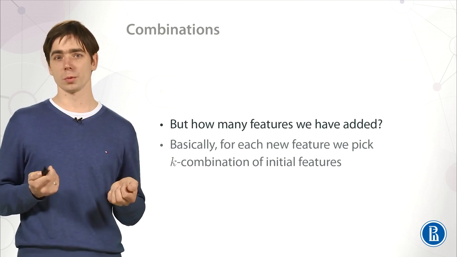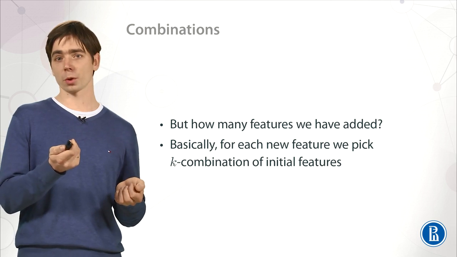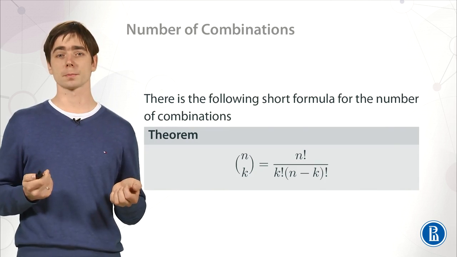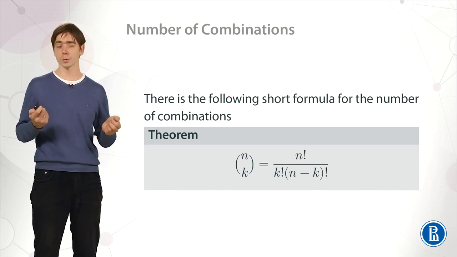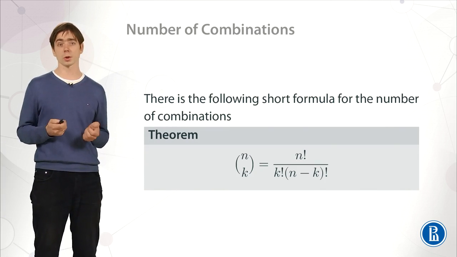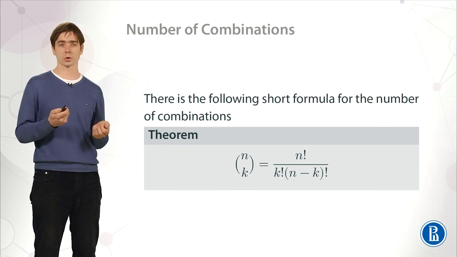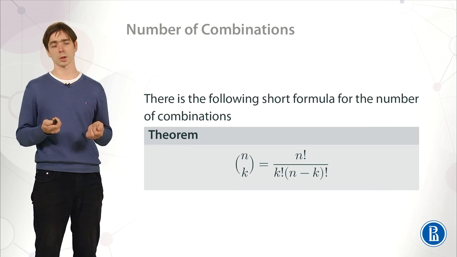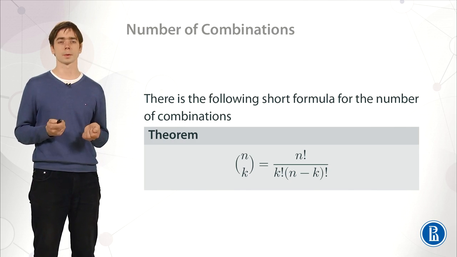And basically what we do is that for each new feature, we pick a k-combination of old features. Okay, so we need to count the number of combinations. And there is a short formula for the number of combinations. Actually, n choose k is equal to n factorial divided by k factorial multiplied by n minus k factorial.